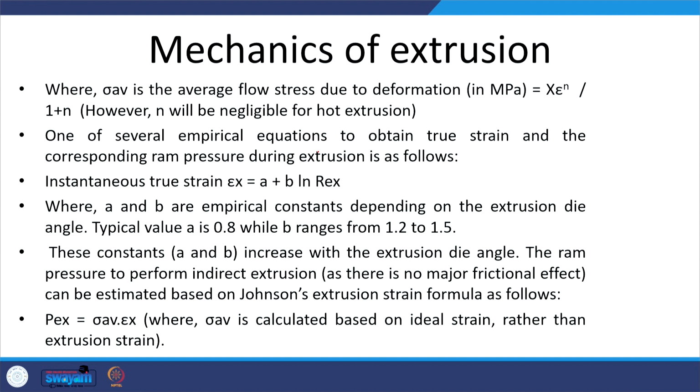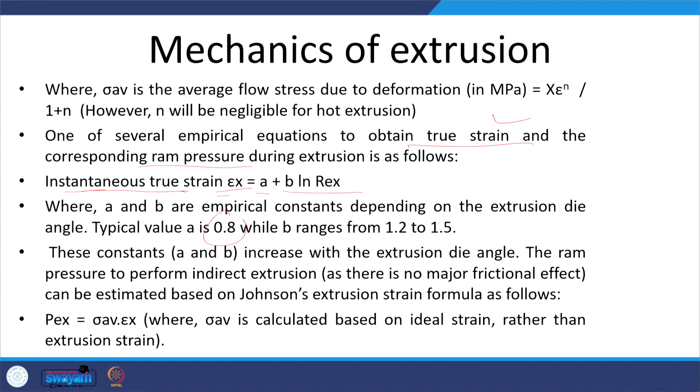Many empirical equations have been developed to determine the stress required and the true stress and true strain that will be experienced by the material during the extrusion. One of the empirical relations used to obtain the true strain and the corresponding ram pressure during the extrusion is this, where the instantaneous true strain is obtained from the relation A plus B log of REX.